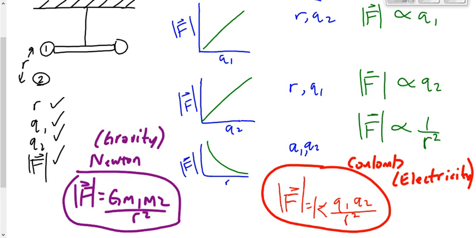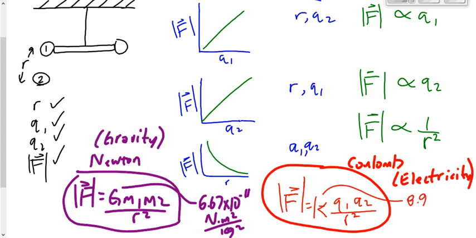The value of G, if you remember from physics 20, is 6.67 times 10 to the minus 11 Newton meter squared per kilogram squared. That's on your data sheet, so you don't have to memorize it. The value for K, 8.99 times 10 to the 9 Newton meter squared per Coulomb squared.